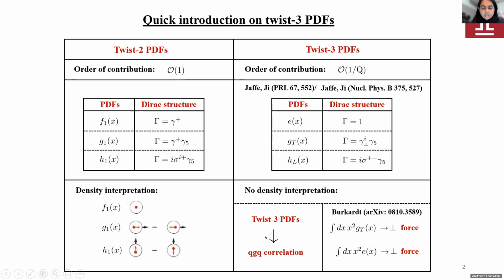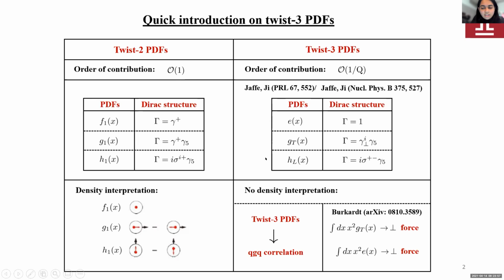They can be related to quark-gluon-quark correlations, and as such, certain x-squared moments of those functions are related to the average force experienced by quarks in DIS. Because of this kinematical suppression, they are incredibly difficult to extract from experiments.